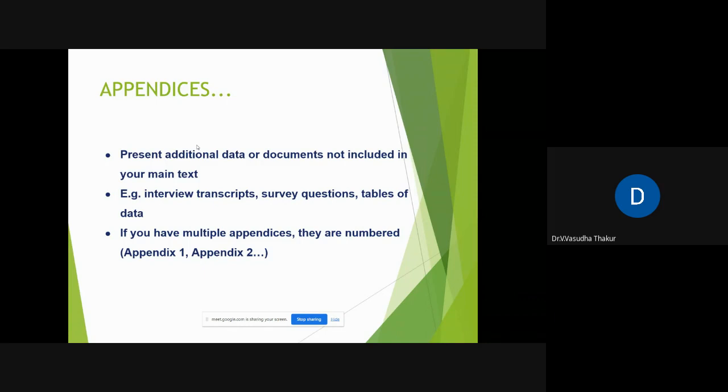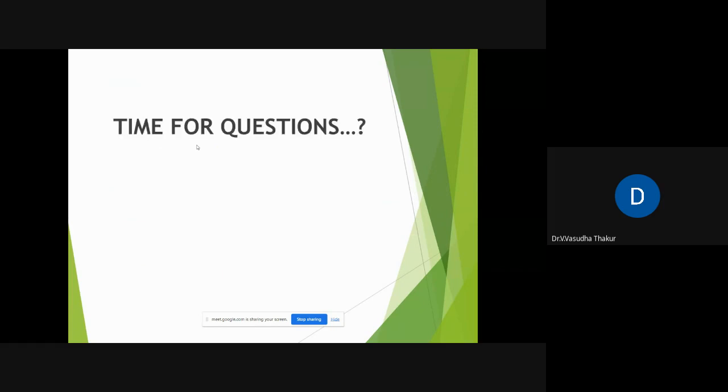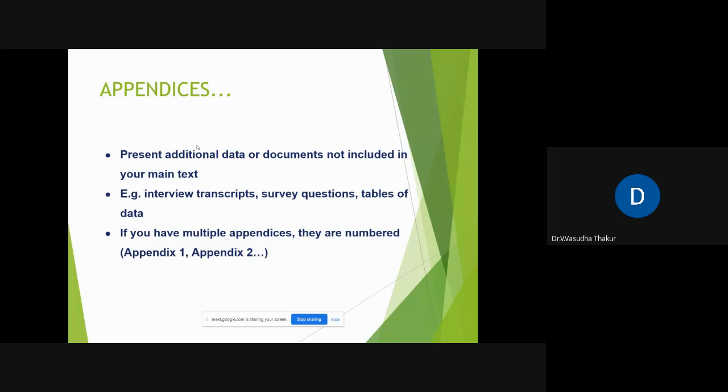Okay, so all the interviews that you have conducted, the rough work that you have noted down, all that you can show under the appendices. Is it clear? Okay, so moving on, with this you end up with a complete thesis.